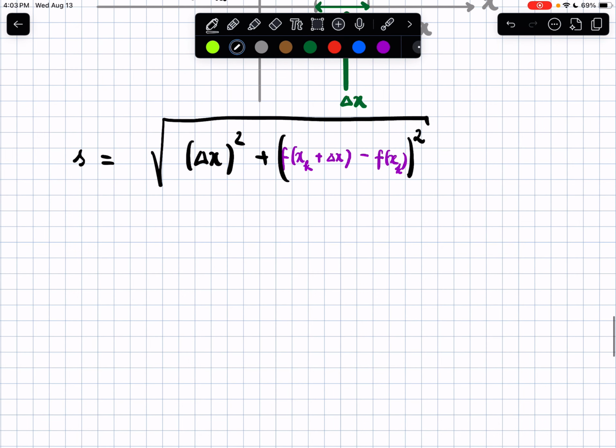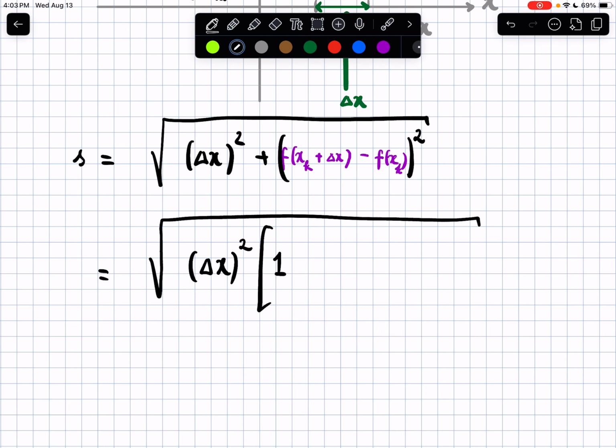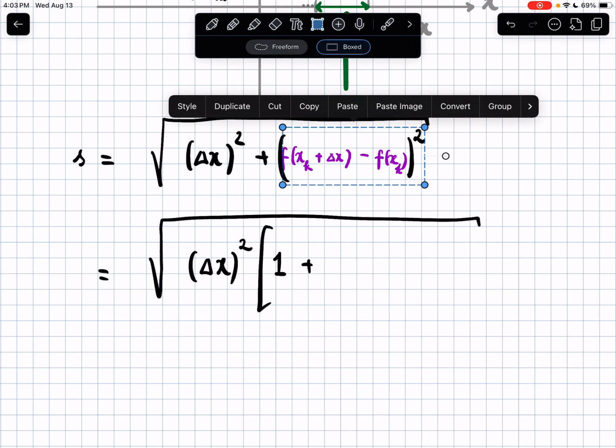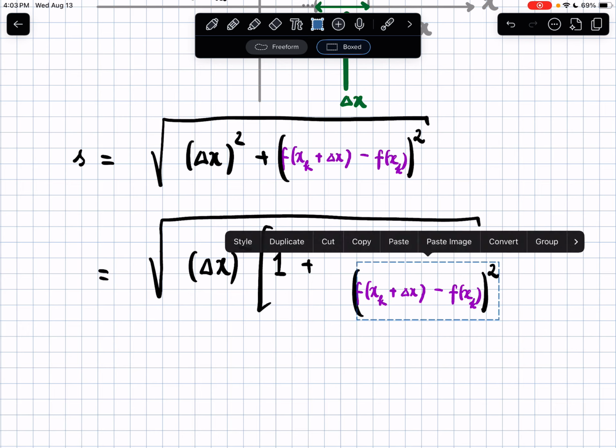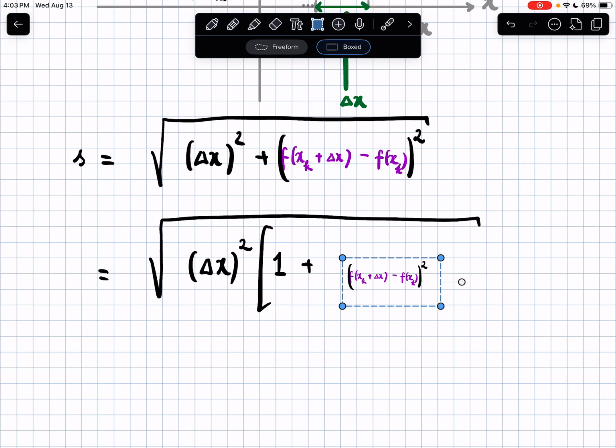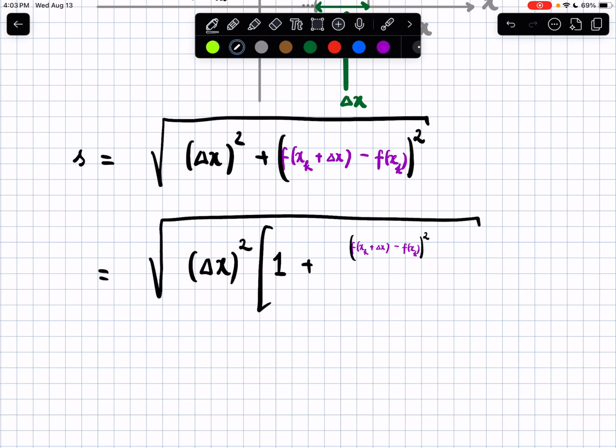So we can do one more step, putting delta x out of the square root. So delta x squared, do the distribution, we have 1 plus f of xk plus delta x minus f of xk squared divided by delta x squared.